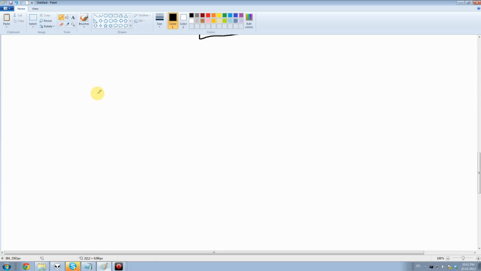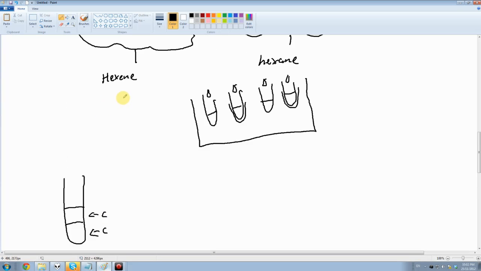Right, so we had the hexene one, and what we saw after we shook it immediately is we had 2 layers. You could kind of determine between the 2 layers because there's a little line there, but we noticed that the top one and the bottom one were clear, which is weird because the bromine water we added in up here is brown. It is very brown.